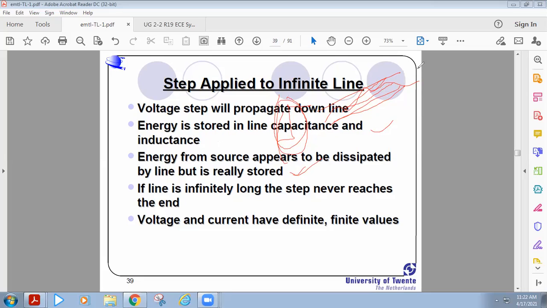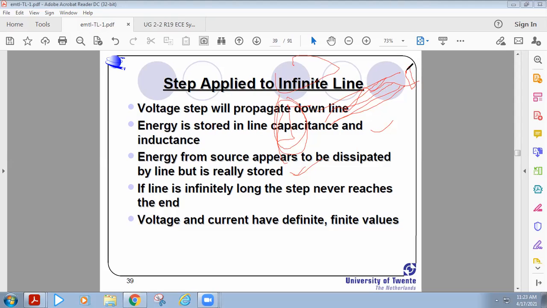But where is the destination end located? This is the infinite line, right? If the line is said to be infinite, then the load is connected at the infinite point, and we don't know where that load is connected. That's why the signal applied at the source end never reaches the destination end or the load, but the signal must lie in the transmission line.